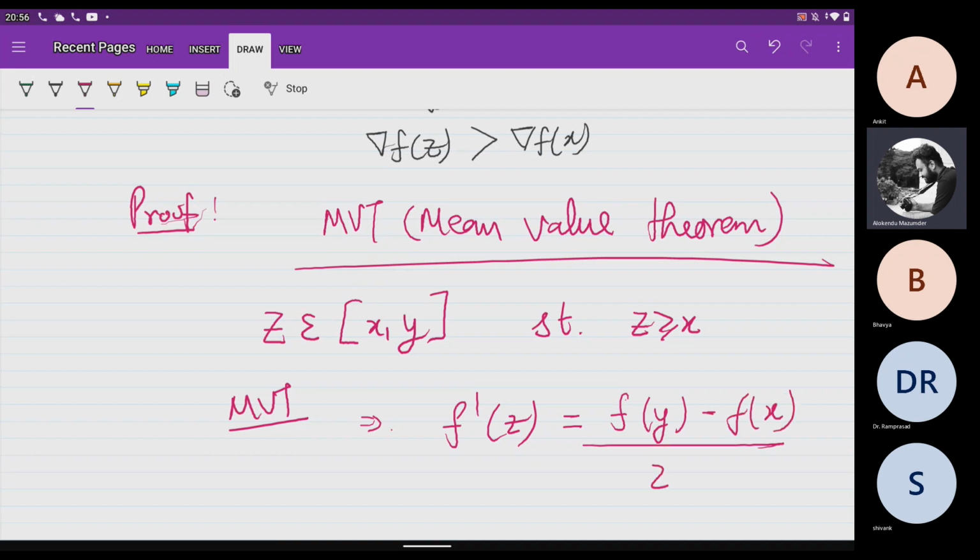Let me tell you geometrically. This is what MVT says.